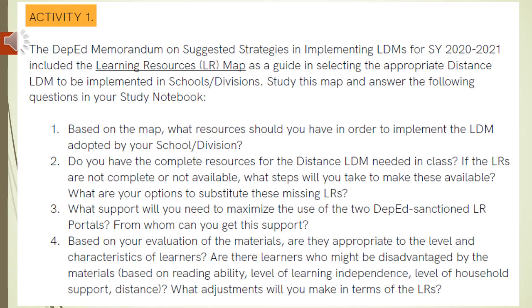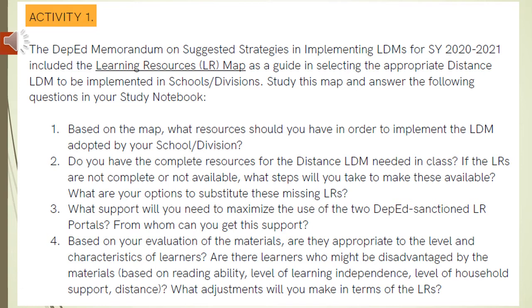Number 2. Do you have the complete resources for the distance LDM needed in class? If the LRs are not complete or not available, what steps will you take to make this available? What are your options to substitute these missing LRs? Number 3. What support will you need to maximize the use of the 2 DepEd sanctioned LR portals? From whom can you get this support?